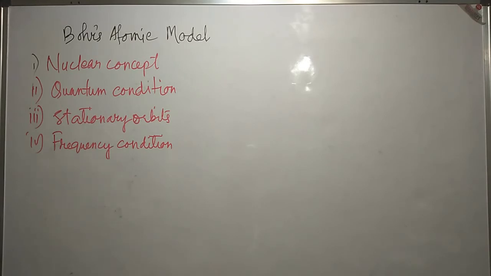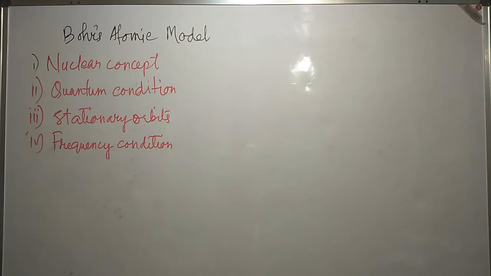Now the second one is the quantum condition. Here, as I have mentioned, the electrons are revolving around the nucleus. So they revolve around certain energy levels, or we call them orbits, according to Bohr's atomic model.